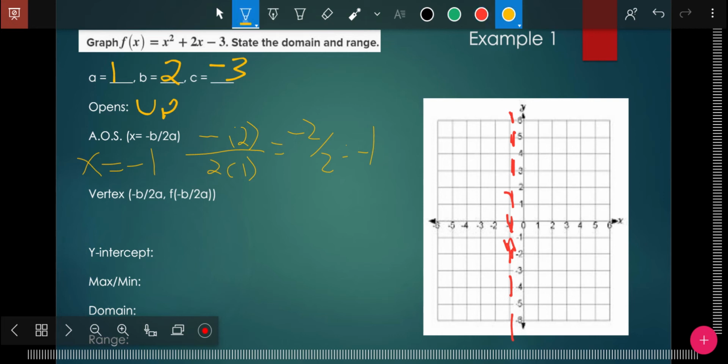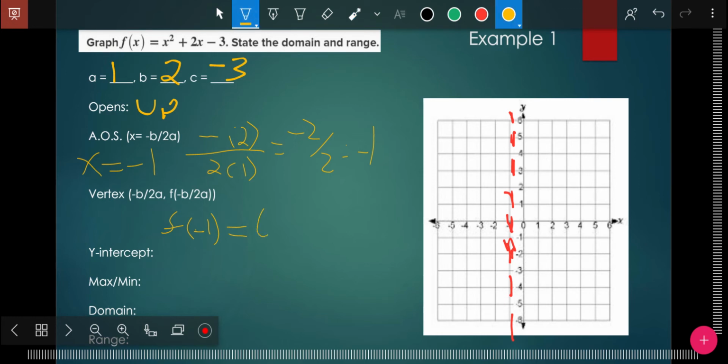Now to find my vertex, I have to plug that in. So it's really f of -1. What does that mean? That means we're using this equation, f of x. Instead of x, we're plugging -1 in. And so instead of x squared plus 2x minus 3, we're going to plug -1 in.